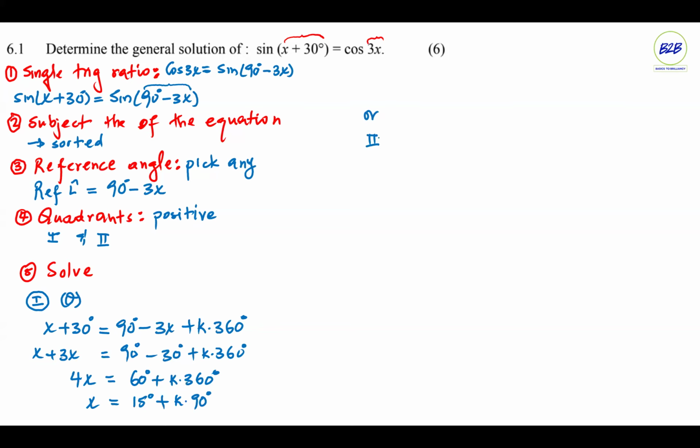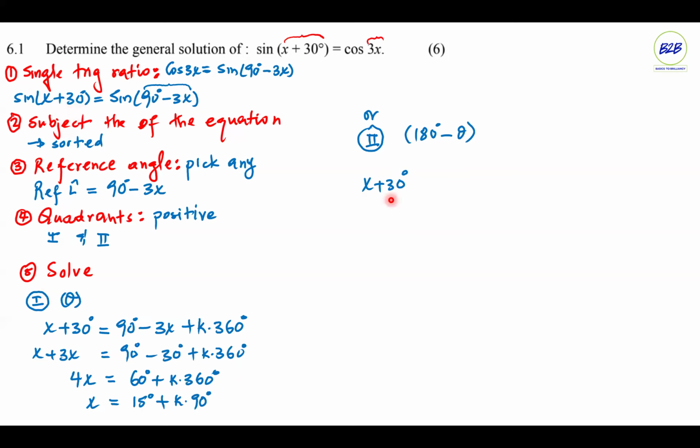And remember, within the second quadrant, we have the reduction formula of 180 degrees minus theta. What is theta? The reference angle, which is 90 degrees minus 3x. All right. Then we will say once more, x plus 30 degrees. Where does that come from? The angle that we did not pick as a reference angle.